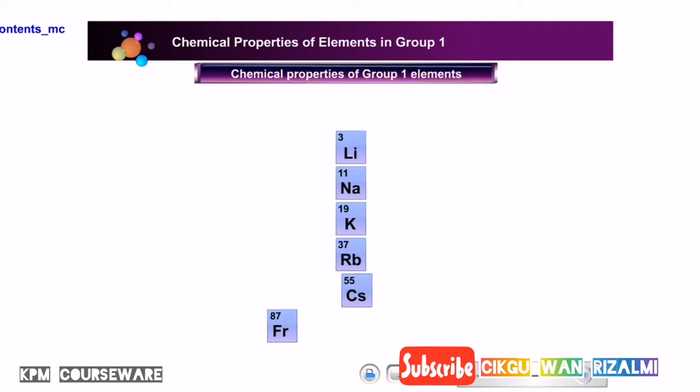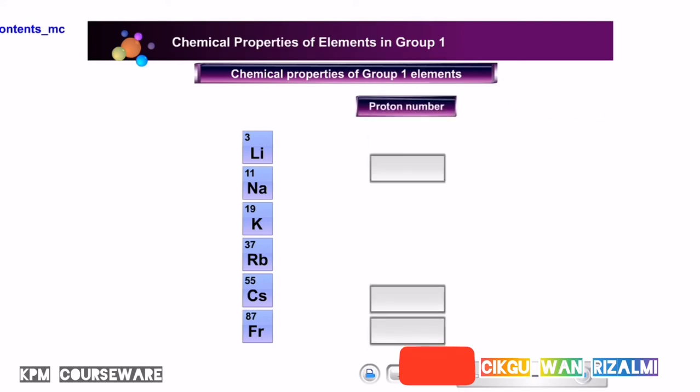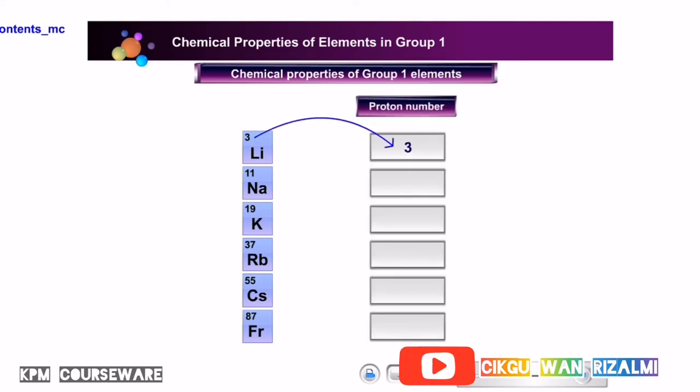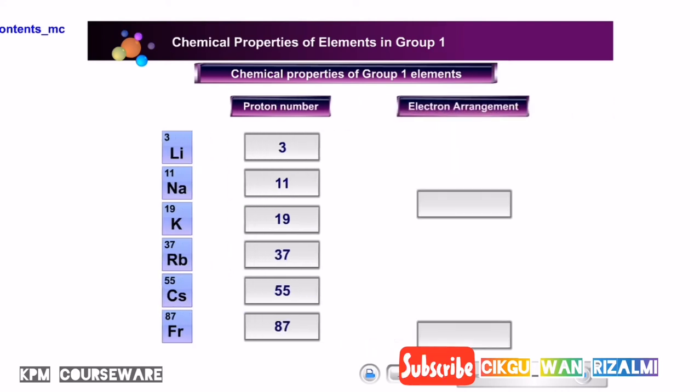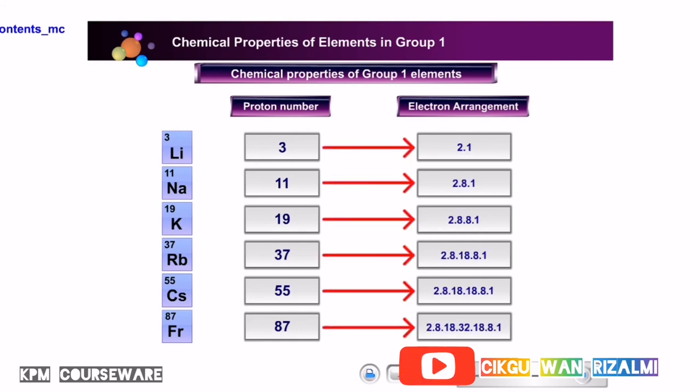Group 1 elements. If we look at the arrangement of electrons for these elements, we can see that all alkali metals have one valence electron.